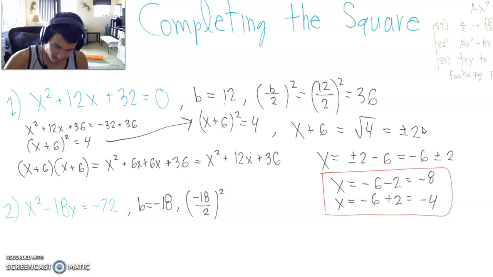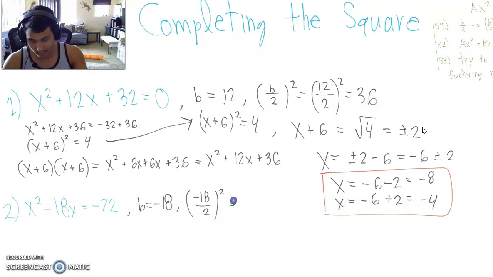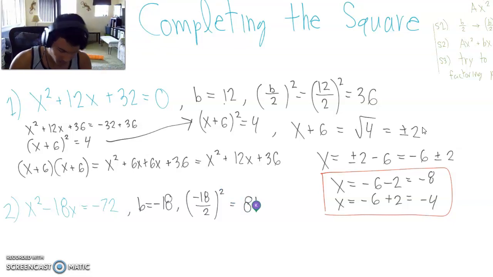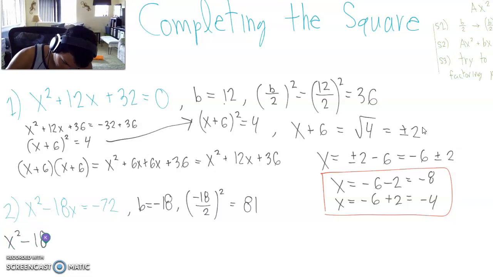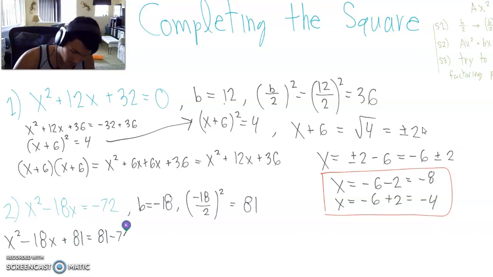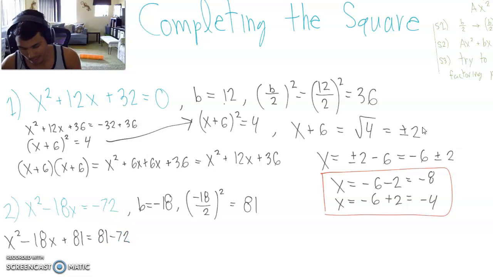And what's that? That's 9, right? Negative 9 squared, which is 81. Okay, that's nice. So then we could rewrite everything as x squared minus 18x plus 81, and 81 minus 72. And 81 minus 72, that might be the hardest thing in here. Well, that's 9. Right?